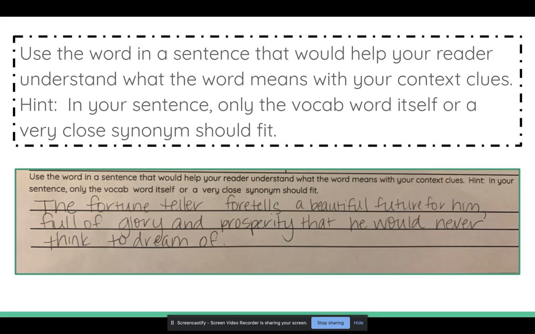And then I described that future and made sure to say that it wasn't something that he would dream of himself. The fortune teller is describing this future that he didn't think was possible before he heard it. So those context clues in my mind would help a reader understand what foretell means, even if they'd never seen that word before. So that's the last step of each of your vocabulary words.